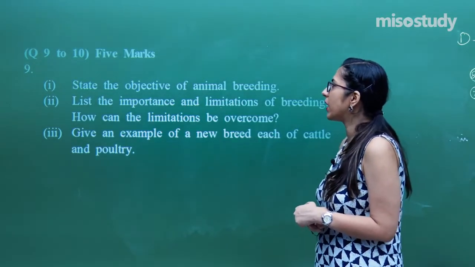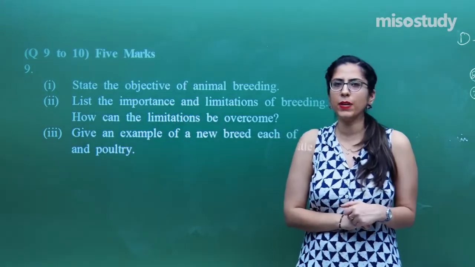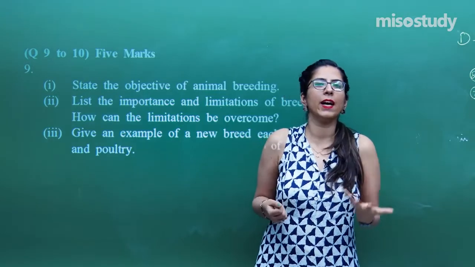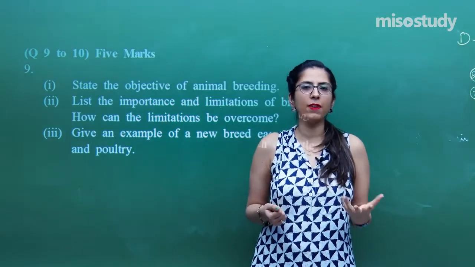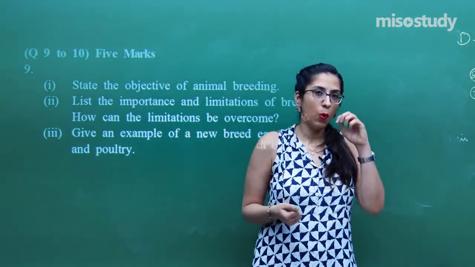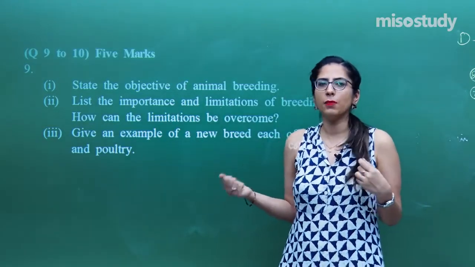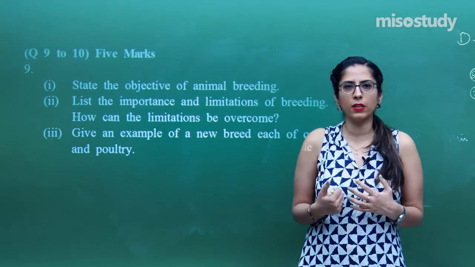Now, what is the objective of animal breeding? Animal breeding is a procedure by which new varieties can be obtained which have beneficial characteristics. What are the beneficial characteristics? We are talking about animal breeding, so those characteristics which are important to us.